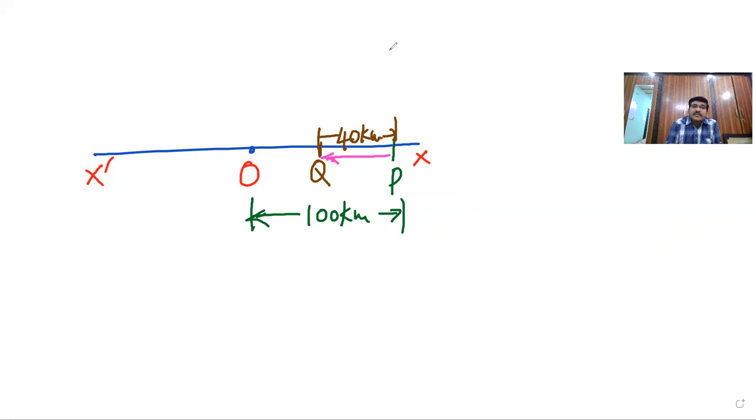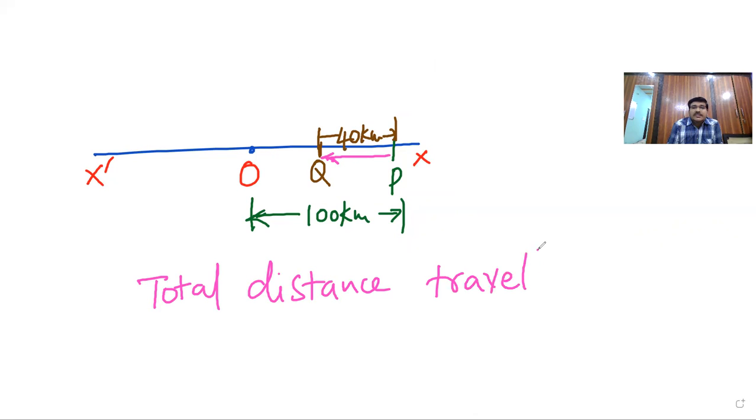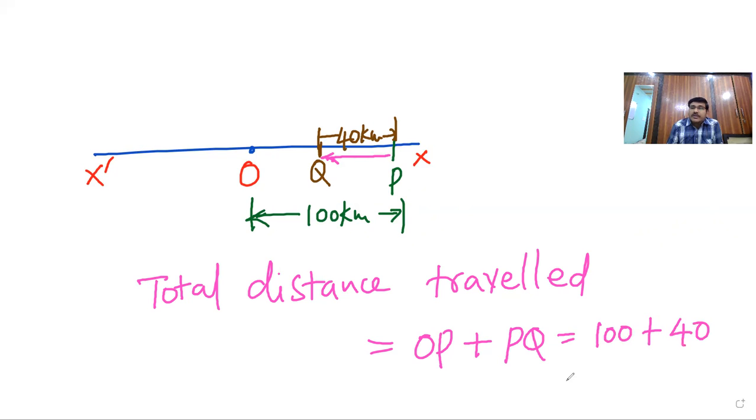Here I write: total distance traveled is equal to OP, initially O to P first, then again the backward direction P to Q. So 100 kilometers plus 40 kilometers.